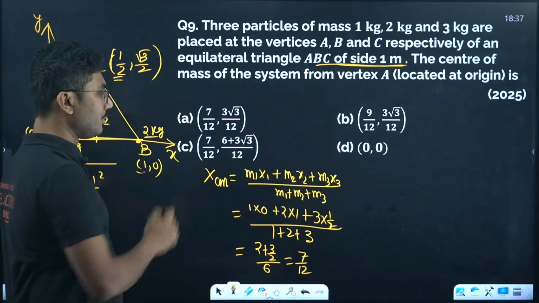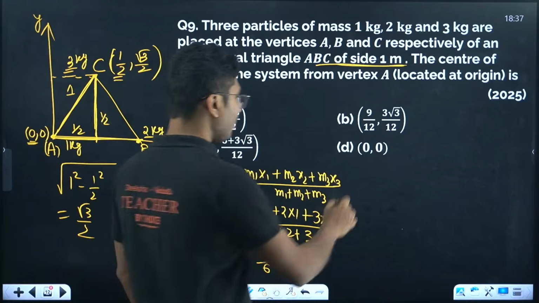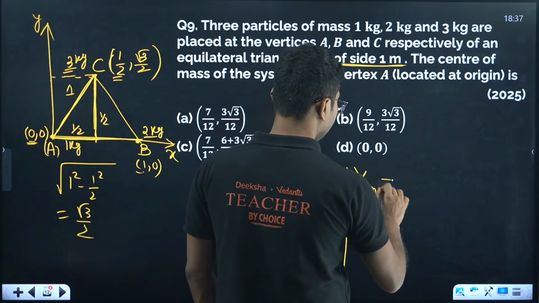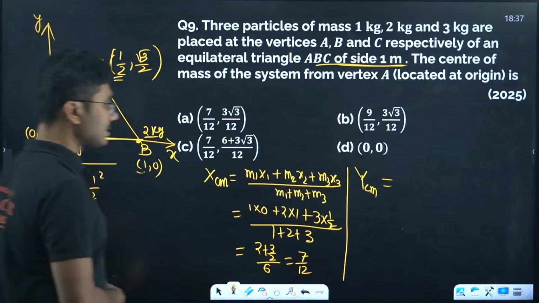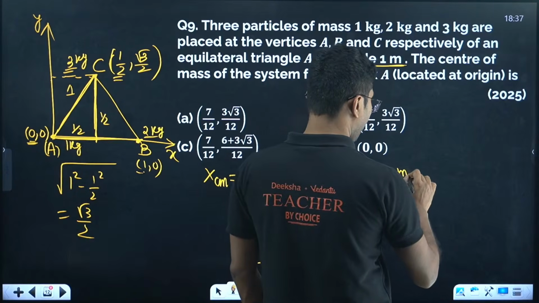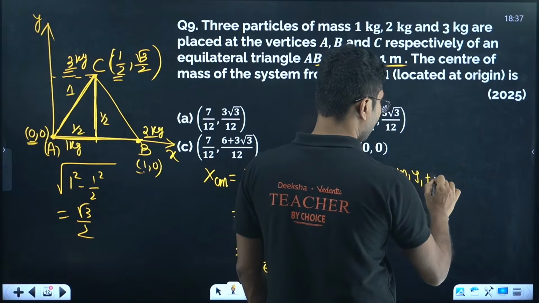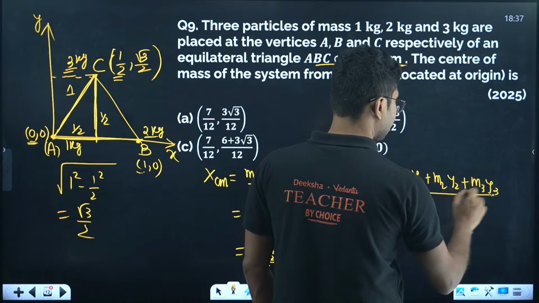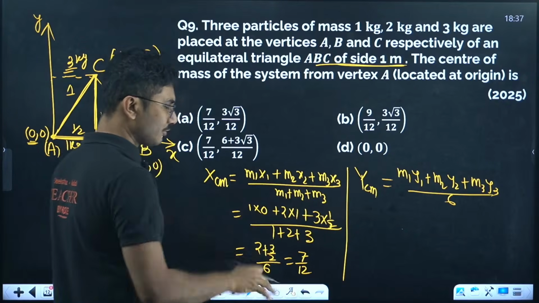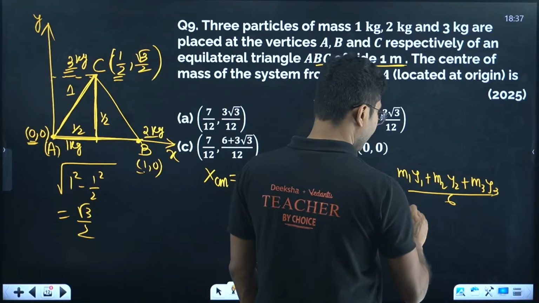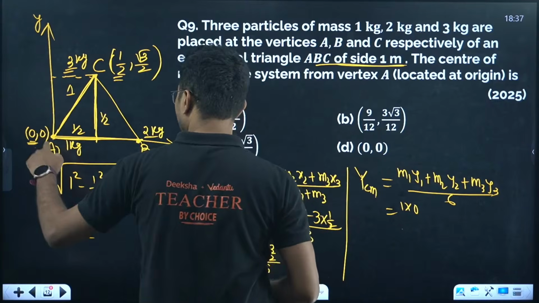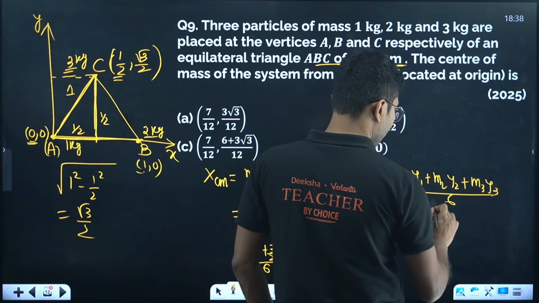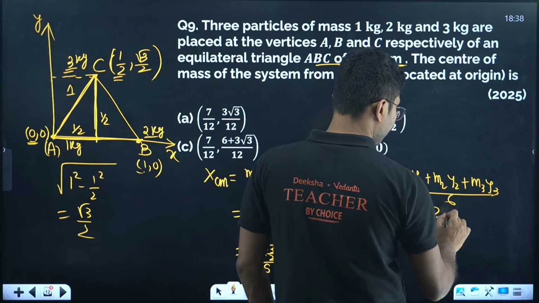So only one of them will be correct, either A or C. Now we have to calculate the YCM. What is YCM? YCM will be given by obviously the same formula, M1 Y1 plus M2 Y2 plus M3 Y3 divided by 6. So M1 plus M2 plus M3 is 6, so the same value will remain, 1 into 0. Okay, Y coordinate is 0 for the mass 1, Y coordinate is 0 for mass 2 as well, so it will be 2 into 0, right?